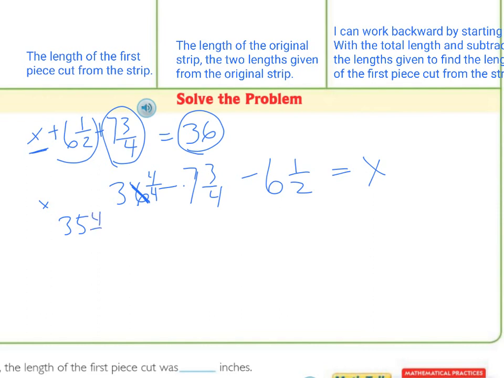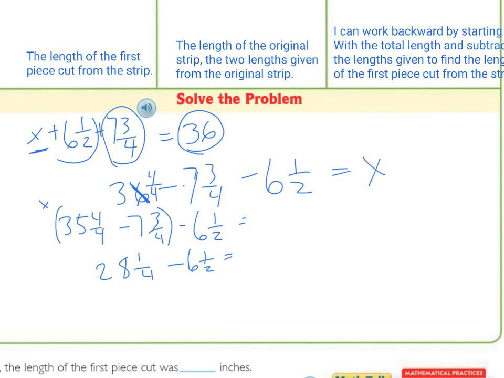So I have 35 4/4 minus 7 3/4, and then minus the 6 1/2. So let's just do this part right here. 35 minus 7 is 28, and 4 minus 3 is 1. So I've got 28 1/4 minus 6 1/2 now.